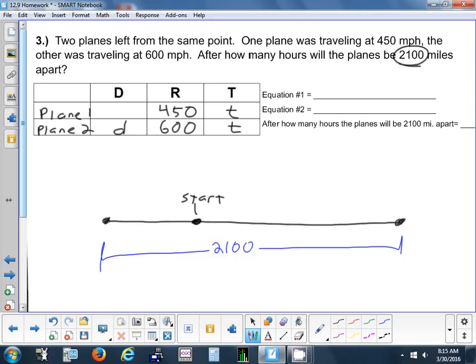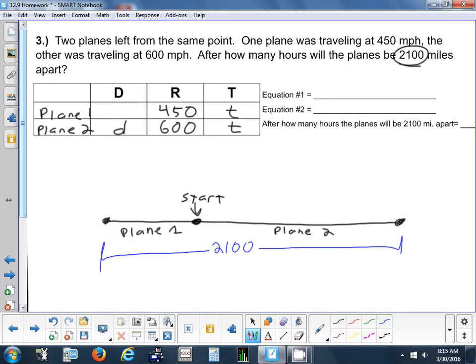So that's where the planes start from. One of the planes is going to travel farther than the other one. Which one travels farther, plane 1 or plane 2? Plane 2. Okay, so let's let this section be plane 2. This section's plane 1.